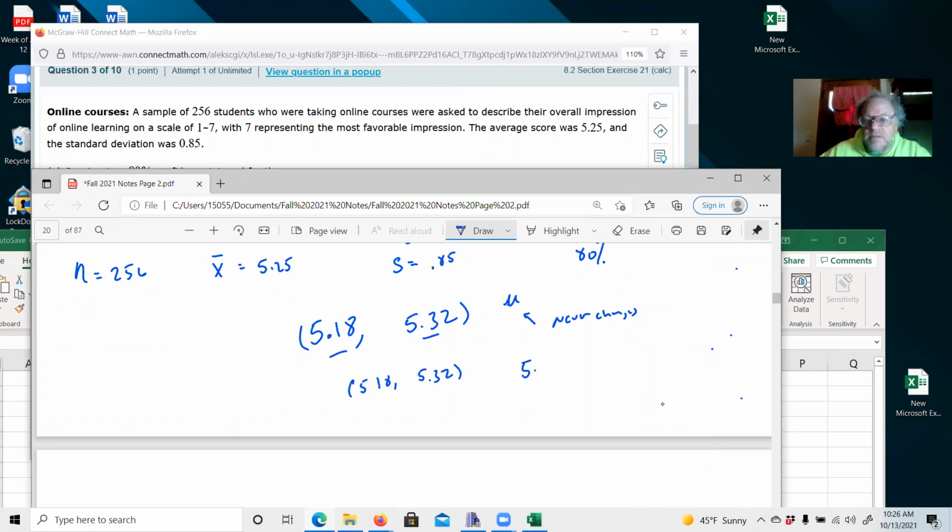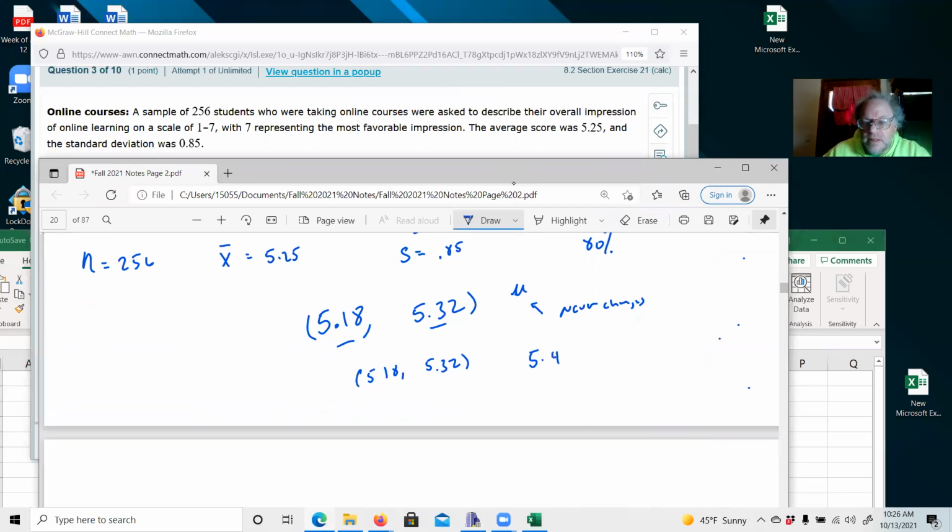Because 5.48 is outside of my interval. If you're going to tell me that they're the same, you have to show me some evidence that that is the case. I guess instead of an 80% confidence interval, you could have used a 99.9% confidence interval. That would make this wider, and then it might include it.